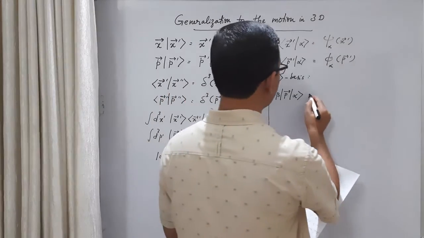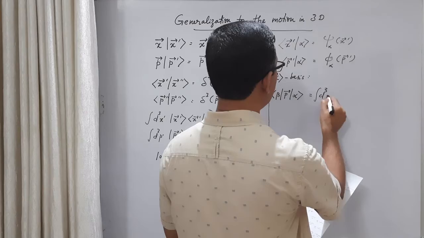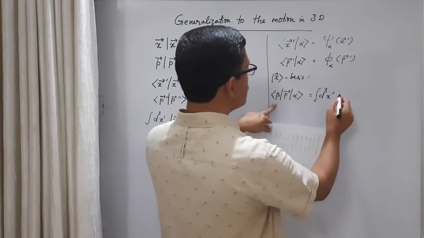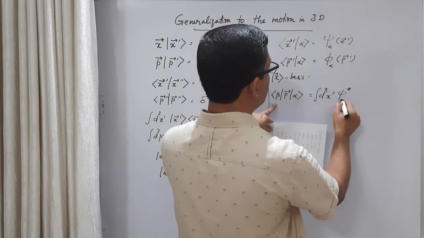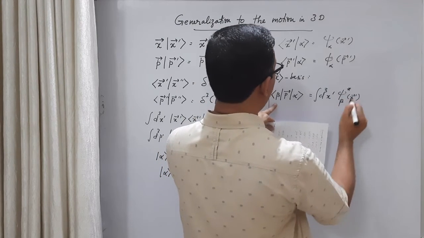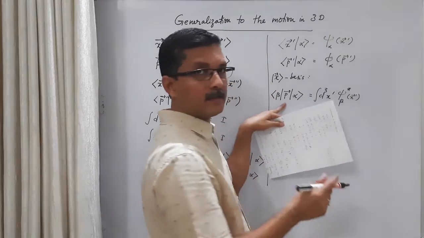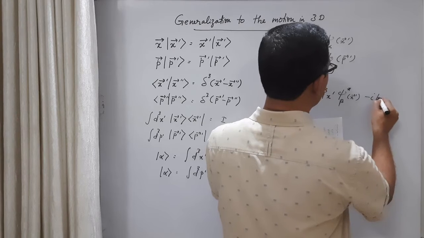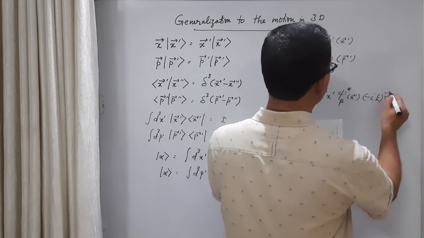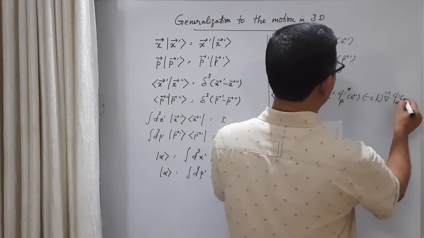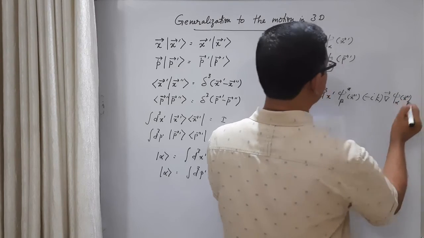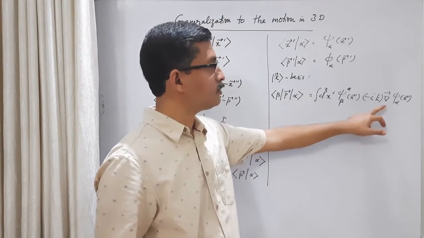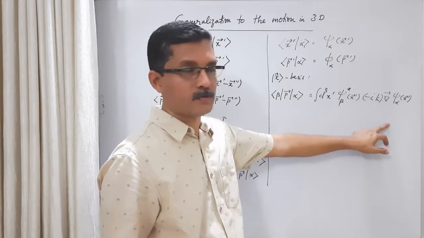This will be the integral d cube x prime, this is the position basis we are talking about, and this becomes psi star beta x prime. And the form of the momentum operator in position basis is minus i h-cross del operator, psi alpha x prime. So in the one-dimensional case, the momentum operator will be minus i h-cross dou by dou x prime in position basis.